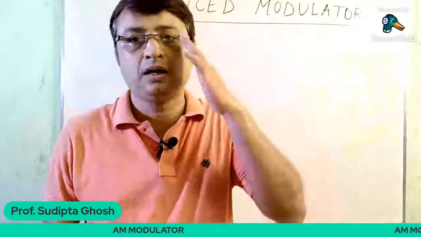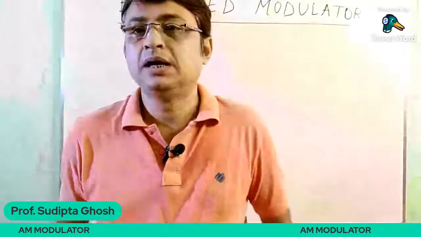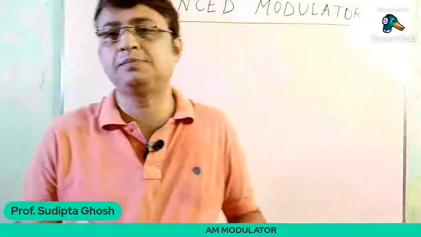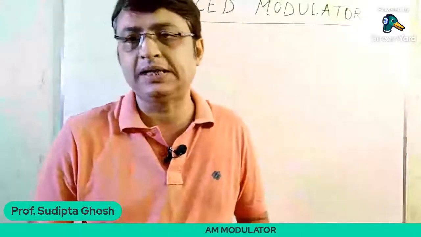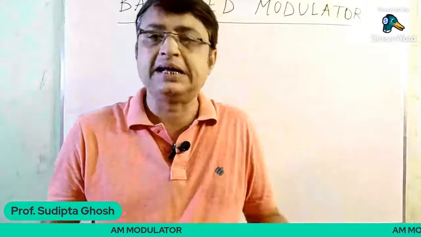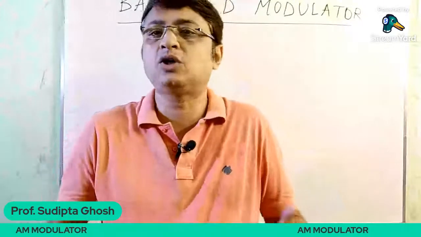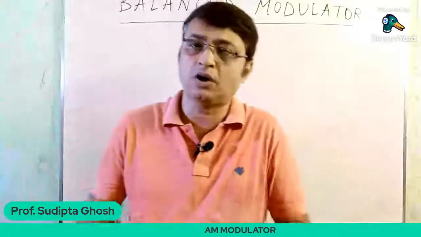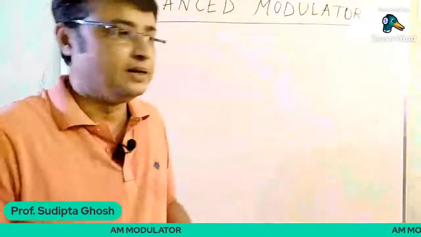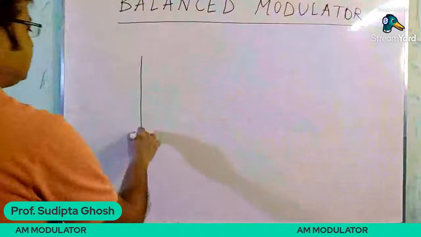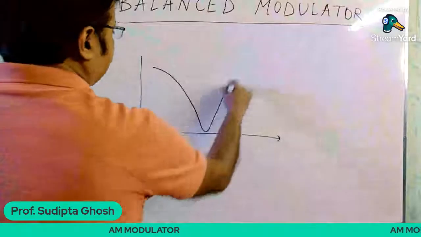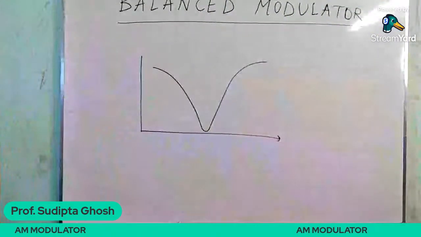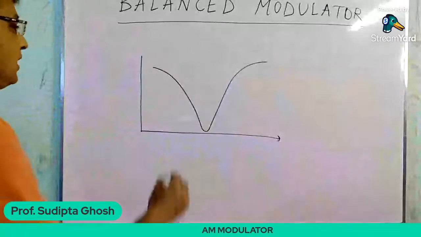You also have a complete study of filter circuits in your syllabus, but as you are not yet acquainted with filter circuits, the basic problem is this: in the ideal case, when we talk about a band pass filter or a band reject filter, this is the frequency spectrum of a band reject filter.